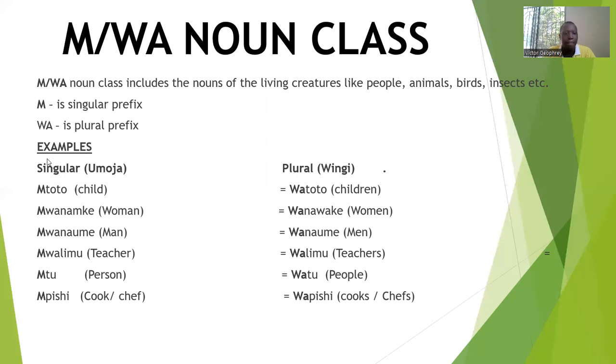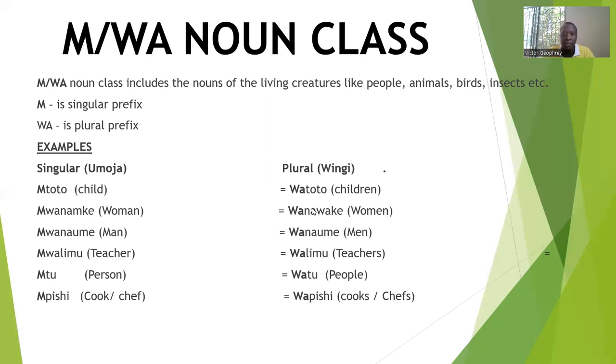So when you see nouns that in singular start with M and in plural start with wa, we call this the one noun class. So take note. Not all nouns that start with M in singular would be in the one noun class. It's supposed to follow this principle, that in singular it is supposed to be M and in plural it is supposed to be wa.